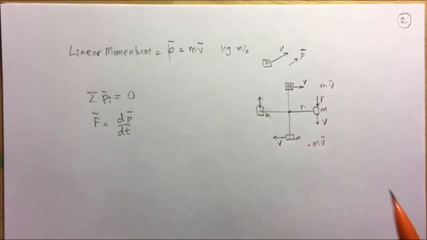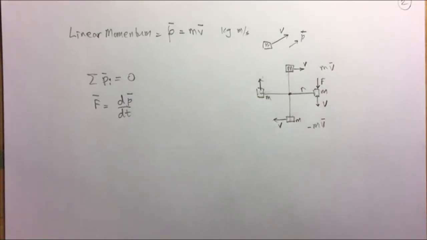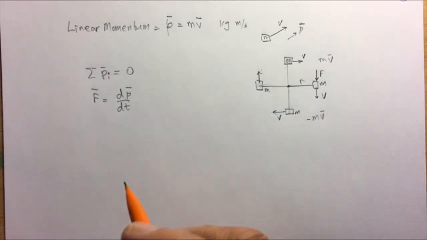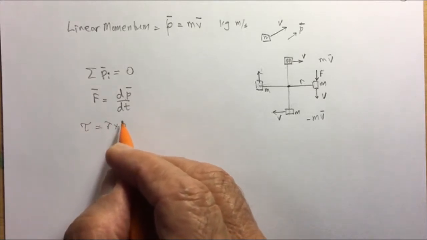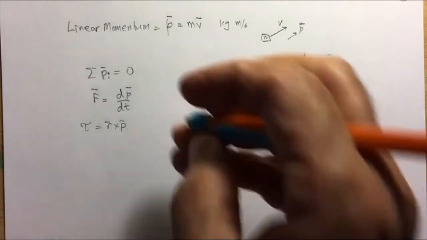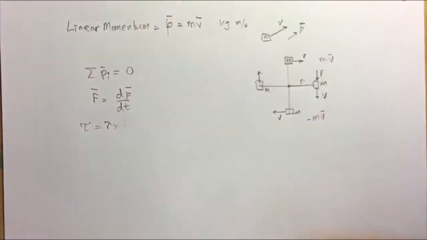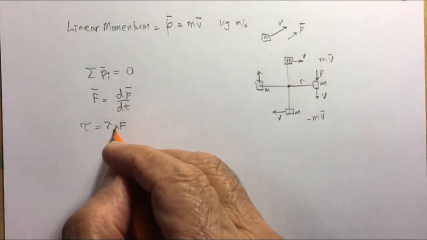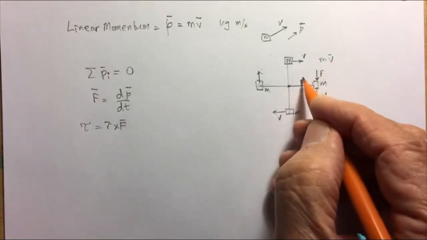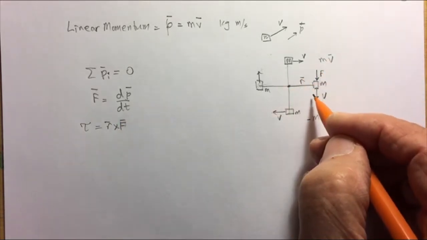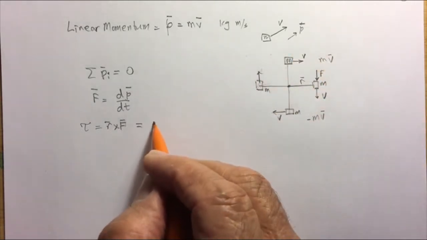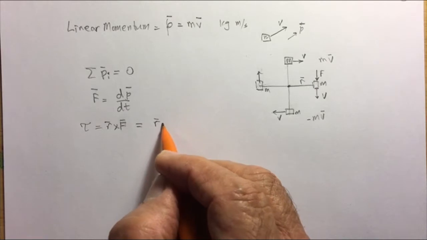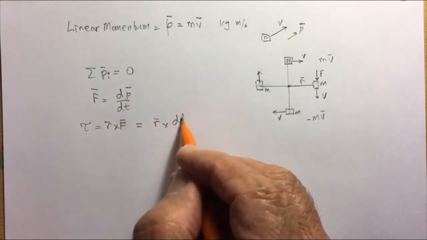So let's try to resolve this, and let's find the torque, which is r cross f. So we have a torque which is r cross f. We have an f and we have an r, and r cross f will be a torque. This torque is applied on this object, and r cross f is r cross dp by dt.